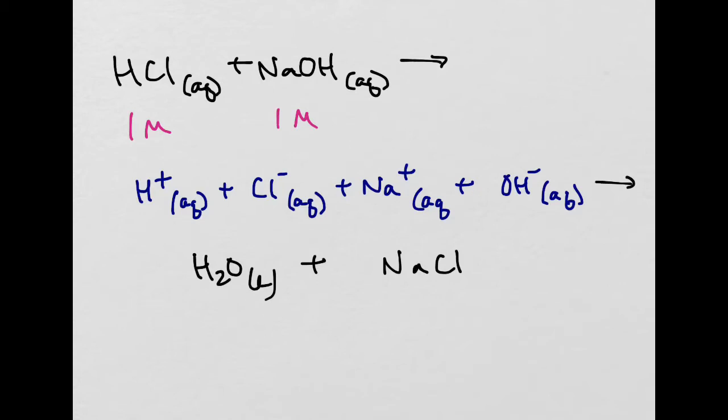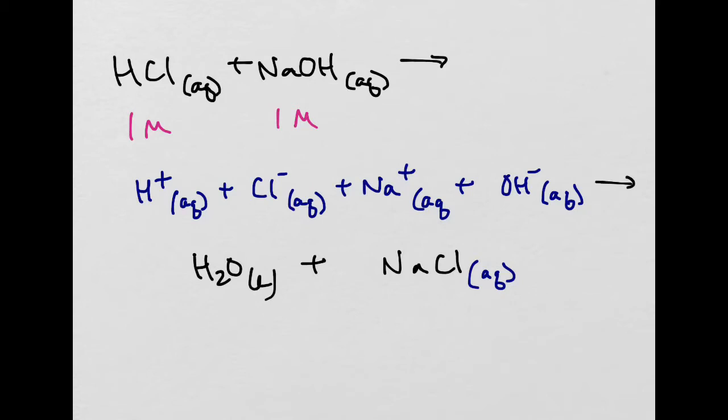Now, you should keep in mind that as soon as that NaCl forms, it actually does break up into its individual sodium and chloride ion parts. So what you essentially create is salt water. And if you're creating salt water, you're creating a neutral reaction.